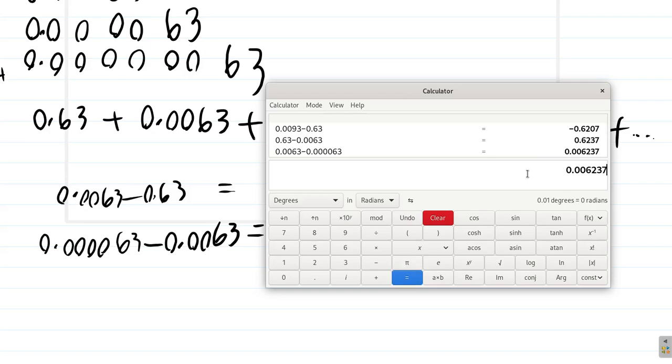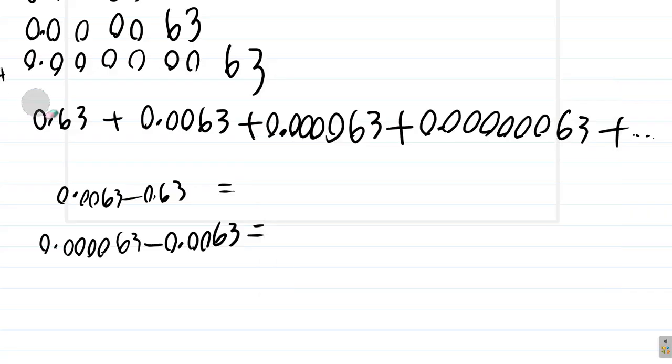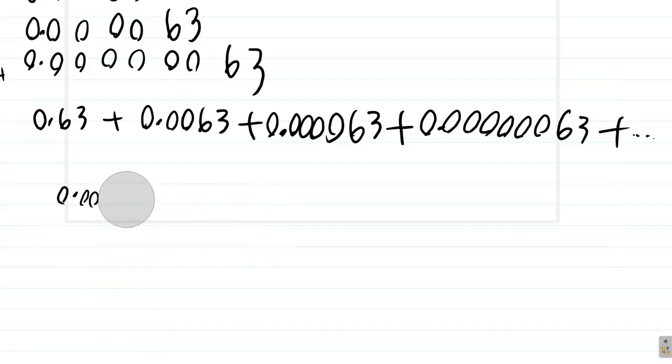So let's see, it must be a geometric progression then. So if it is a geometric progression, then a term divided by the term immediately before it should be equal to another term divided by the term immediately before it. So let's try this. This one over this one.